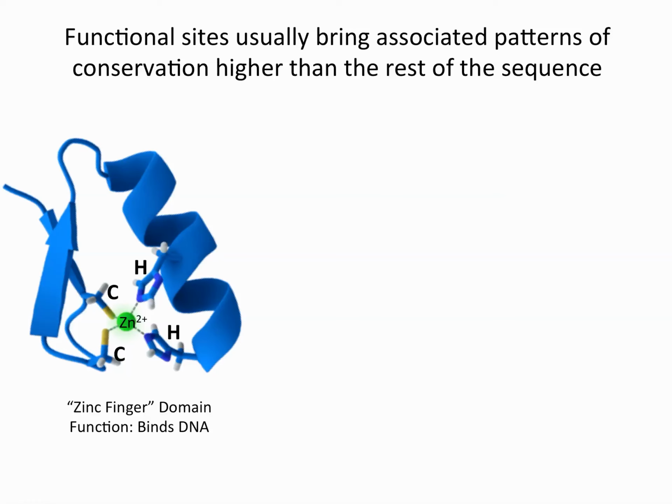Zinc finger proteins display a particular structural fold that is essential for the coordination of one metal element. There are many proteins from different organisms that belong to this family of zinc-coordinating proteins, and many of them are not necessarily easily related by a simple inspection of the scores between their alignments.